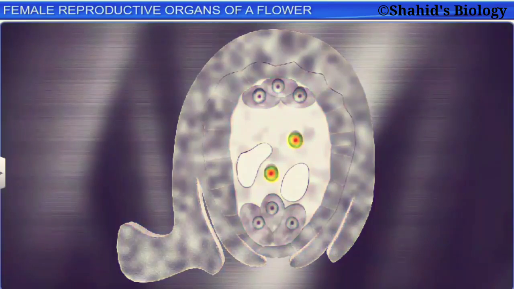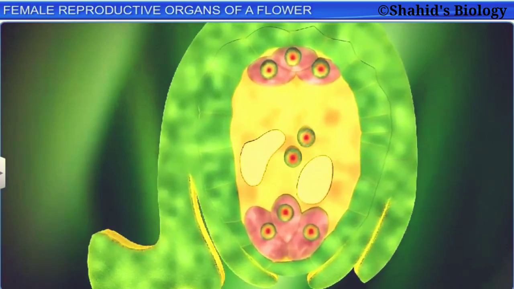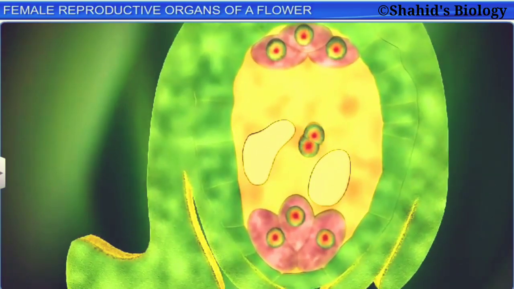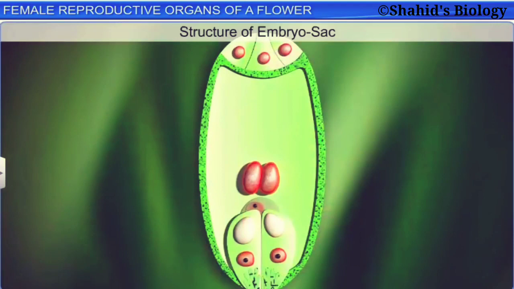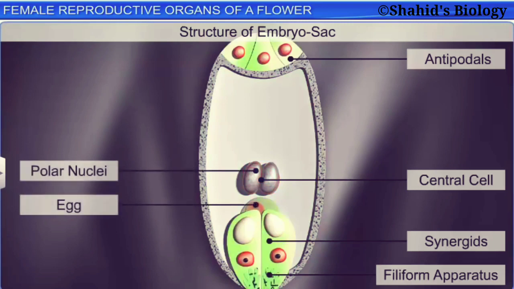The two remaining nuclei, called polar nuclei, migrate to the center of the embryo sac. Thus, we find the embryo sac to be in 7-celled and 8-nucleate stage, with 6 cells at the poles and a large central cell with 2 nuclei in the center.